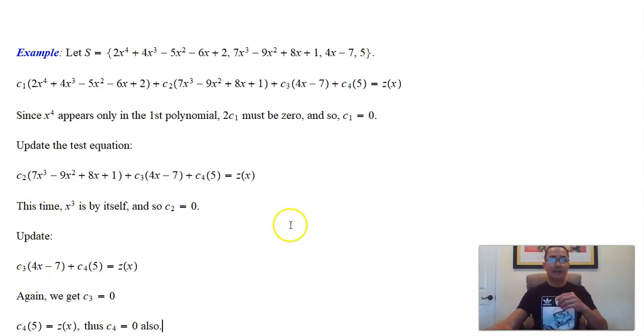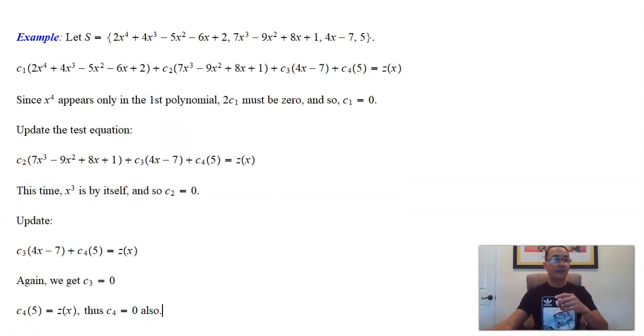I did say that this set of polynomials is kind of special. This is a 4th degree polynomial, this is a 3rd degree polynomial, 1st degree. I didn't include a 2nd degree polynomial, but that's fine. And there's no x here, that's a 0 degree polynomial.